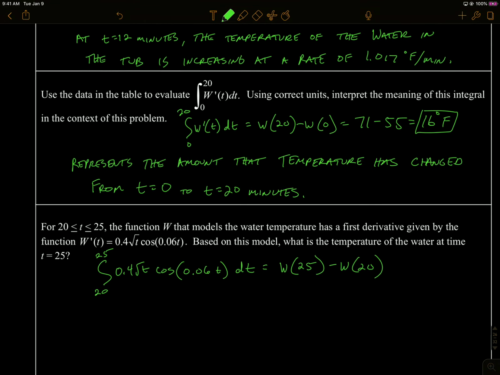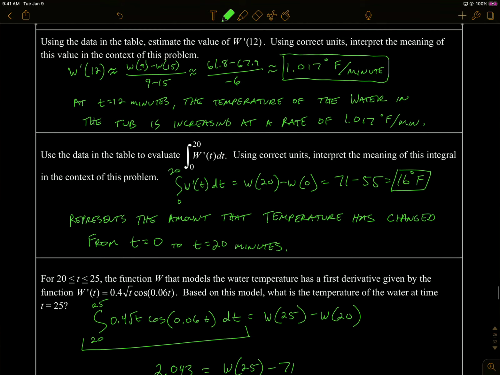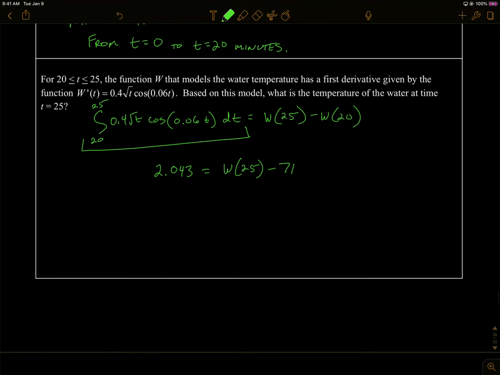So what we can do here is use our calculator to evaluate that integral. You can pause and use fnInt. You should get that number. And then we want to find out what W of 25 is. We know that W of 20 is 71 degrees based on the table.